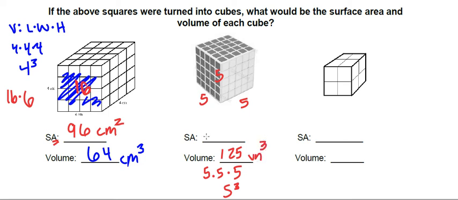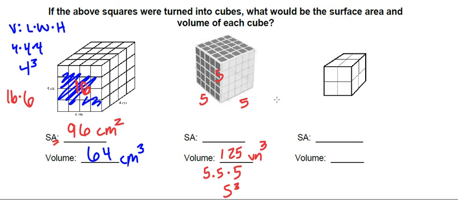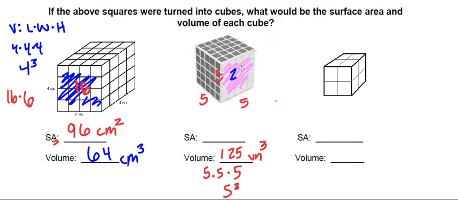Now let's say I want to find the surface area. Well, if I want to find the surface area, I need to find the area of one of the 6 surfaces. So this surface right here is a square that's made up by 5 times 5. So that one surface has an area of 25 units squared.